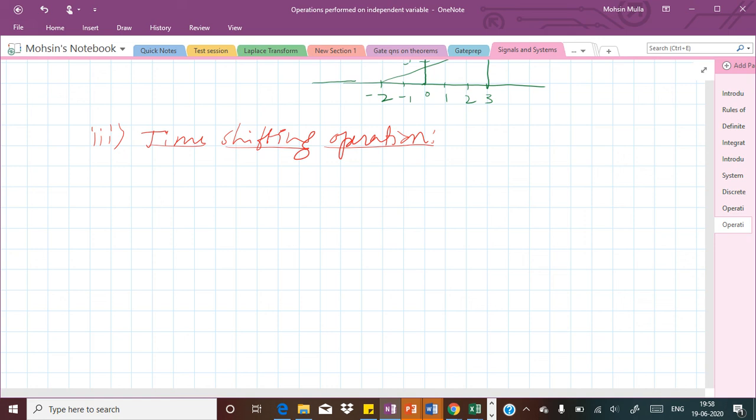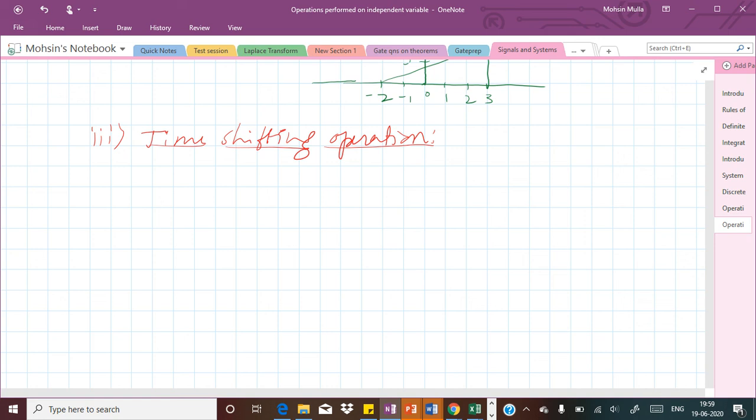Sometimes we want to send a message to our friend. But suppose it is midnight, 1 o'clock, and you want the message to reach by morning 9 o'clock. So instead of sending at 1 o'clock in the night, you will set a delay of some hours, suppose 4 to 5 hours, so that it becomes morning 9 o'clock.